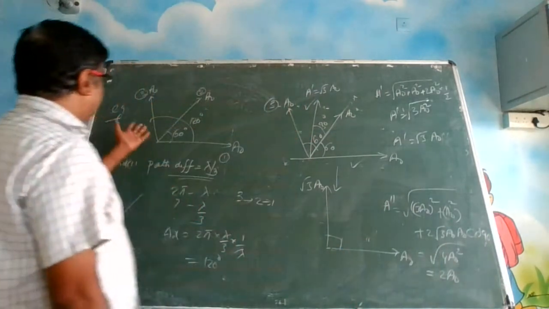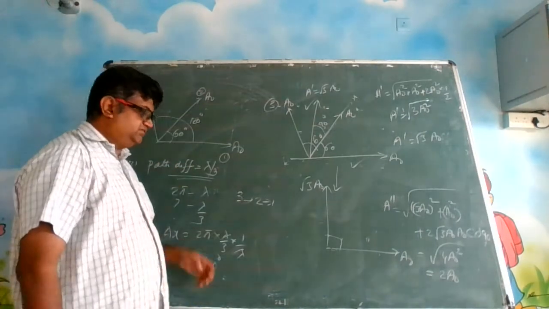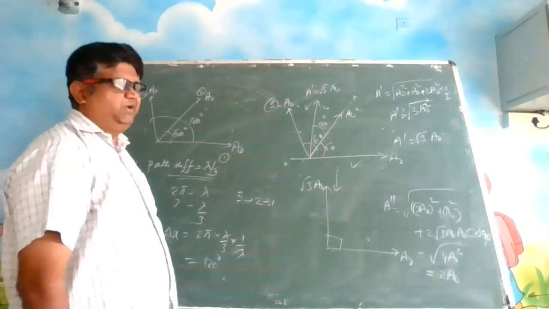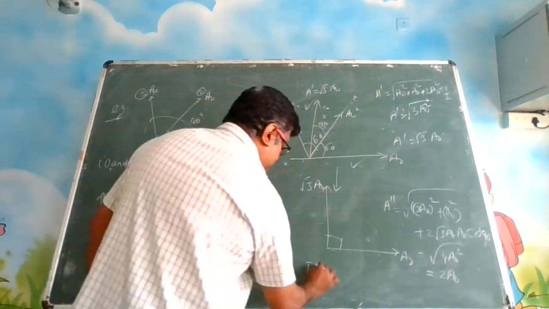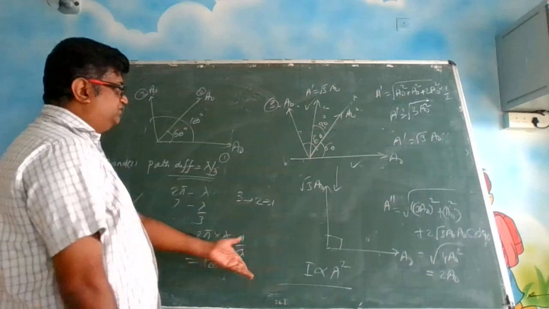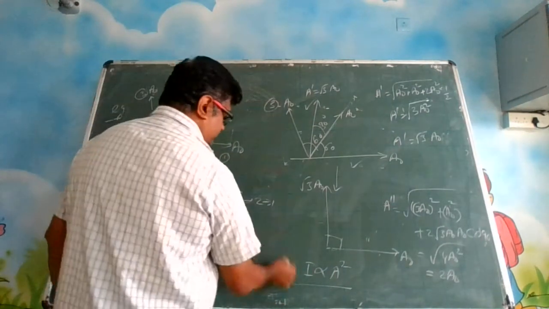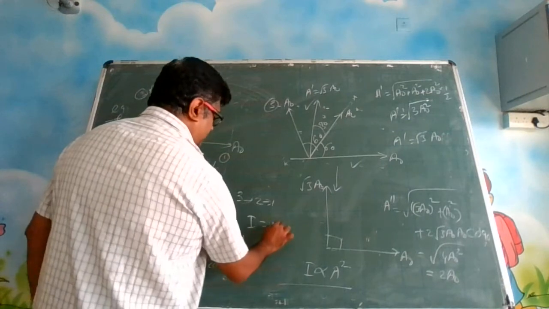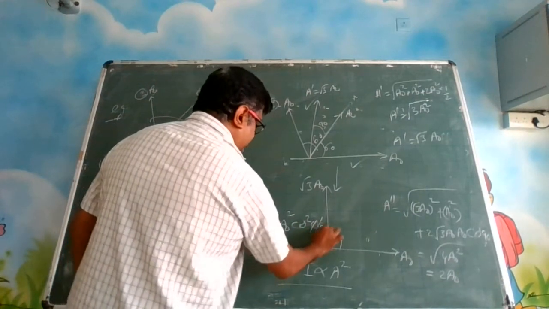So in the question they have asked you the resultant amplitude. If they ask you the intensity, you know that intensity is proportional to amplitude square. I keep on saying this, why intensity is proportional to amplitude square. What was the equation? I'm just writing over here. It was 2a0 square cos square phi by 2, isn't it?